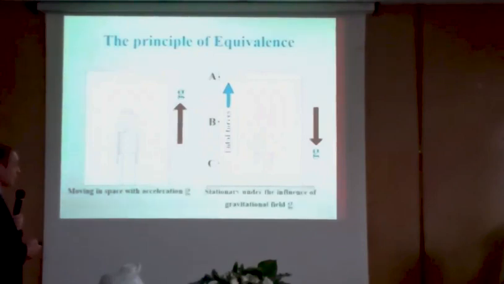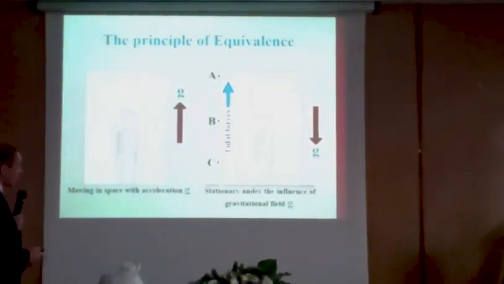So you can see that this point here has a certain potential energy. Here it has more potential energy. Here we have different potential energy. So in fact, as I move from down to up, I have tidal forces. Tidal forces caused by g here are different than here, different than here, different than there.